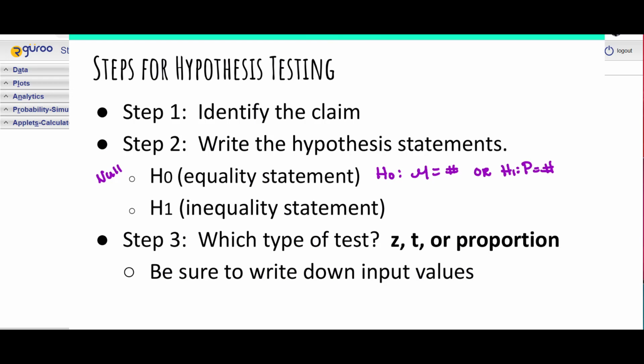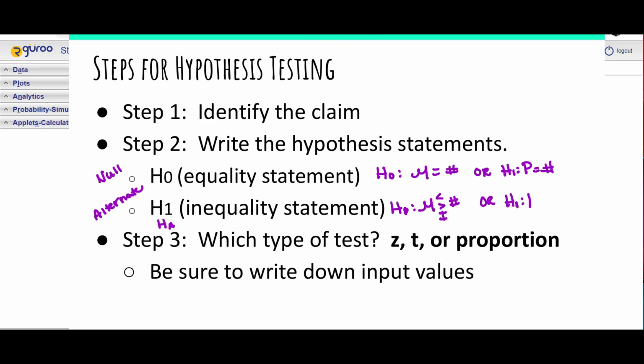And then your alternate statement is H1. You can also say HA. It is always an inequality statement. So it's either that the mean is less than, greater than, or not equal to some number, or it is, oops, I wrote H0 there, it should be H1.